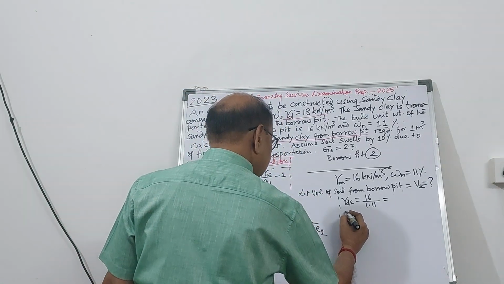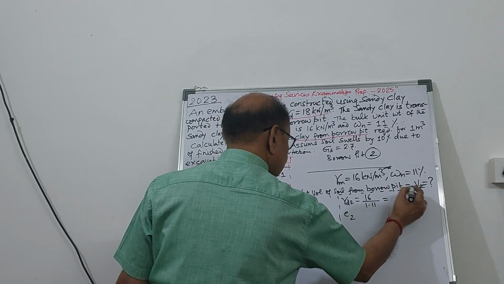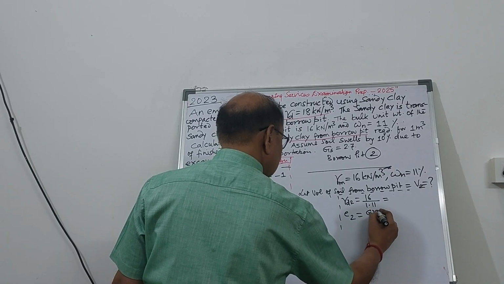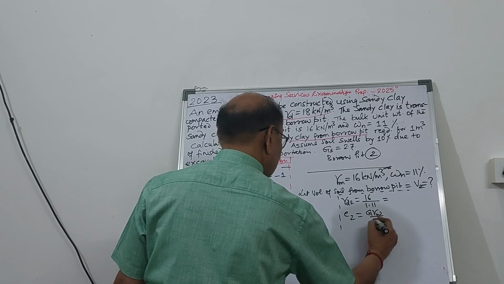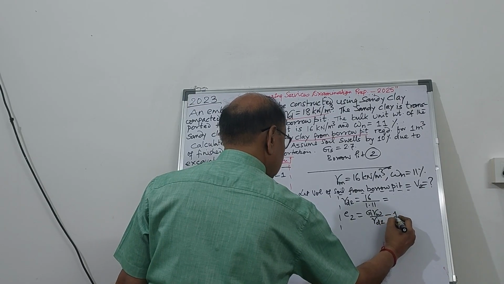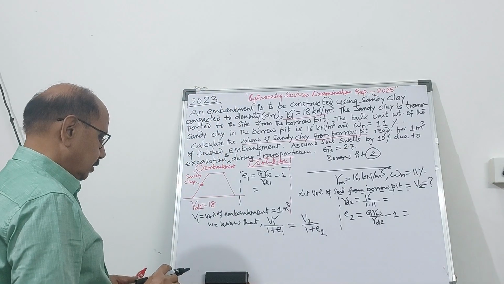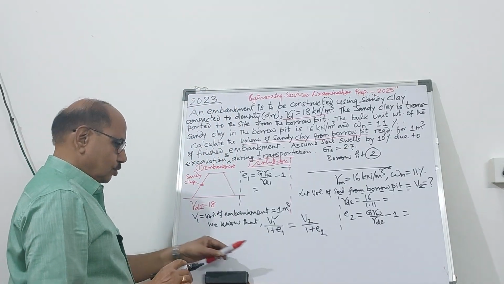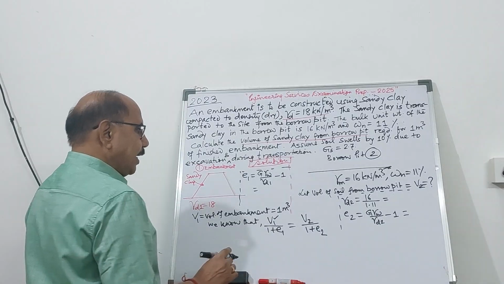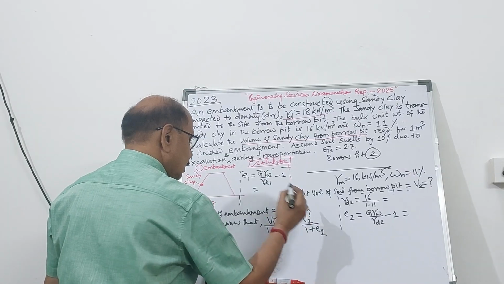Therefore, E2 we can calculate as G gamma W upon gamma D2 minus 1. So this also we can calculate, and therefore, we will be able to calculate V2.